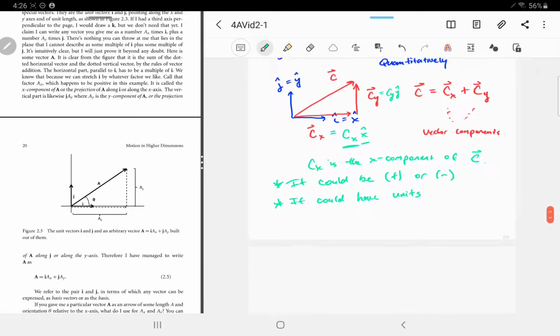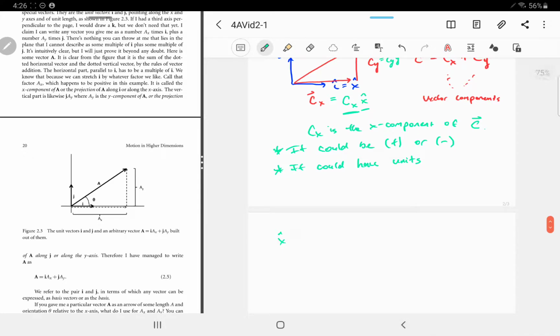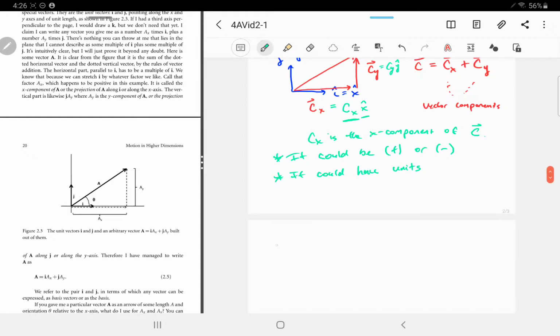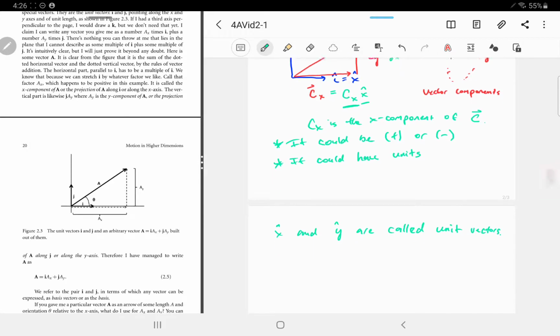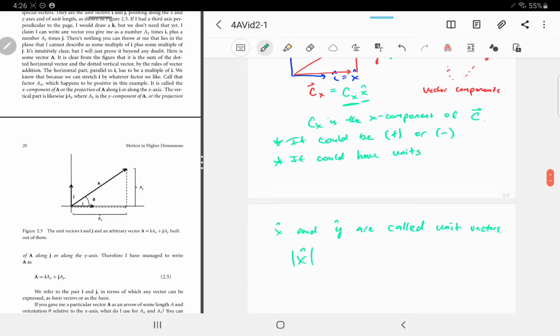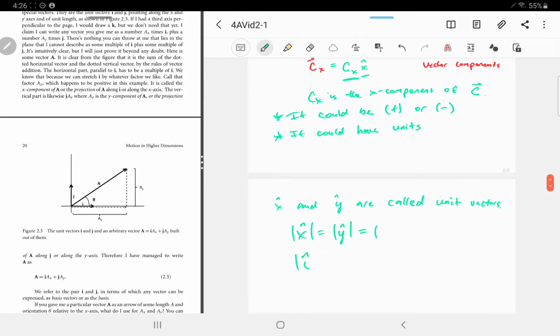X hat is called a basis vector. X hat and y hat are called unit vectors. Their only purpose in life is to point in a certain direction. They have magnitude 1. So the magnitude of x hat and the magnitude of y hat is 1. Remember I said that instead of x hat and i hat, they'll be the same thing. I hat and j hat have absolute value 1.